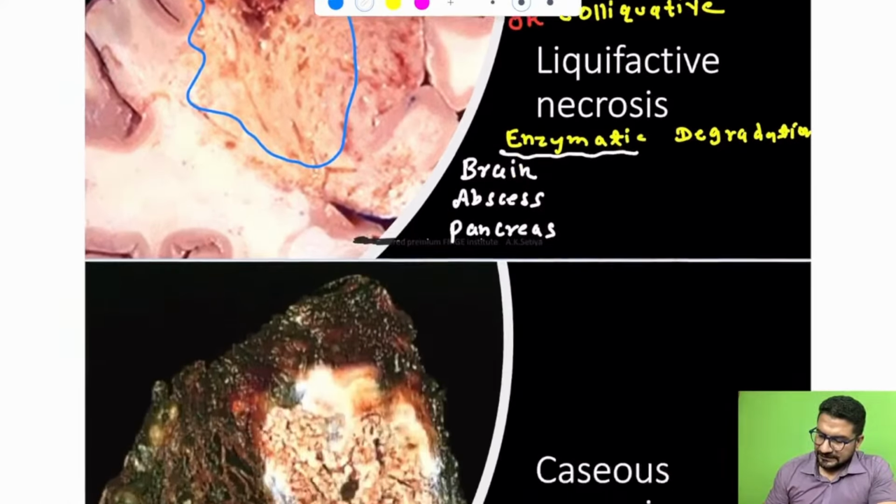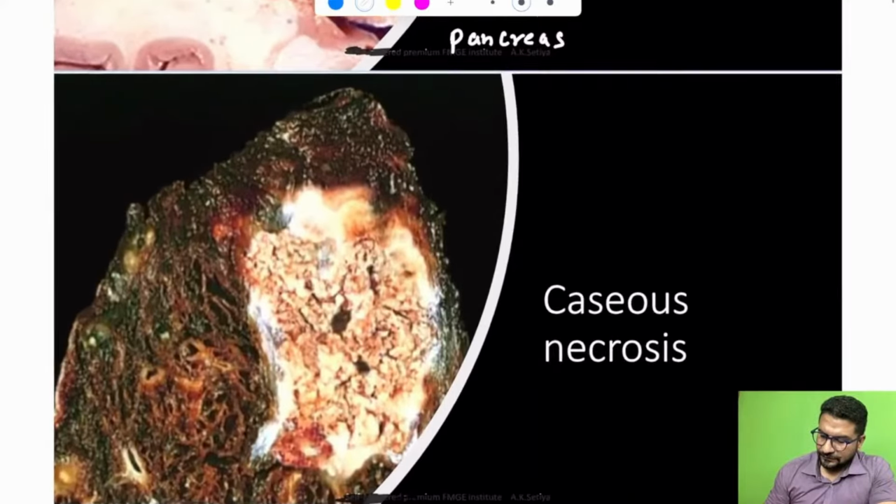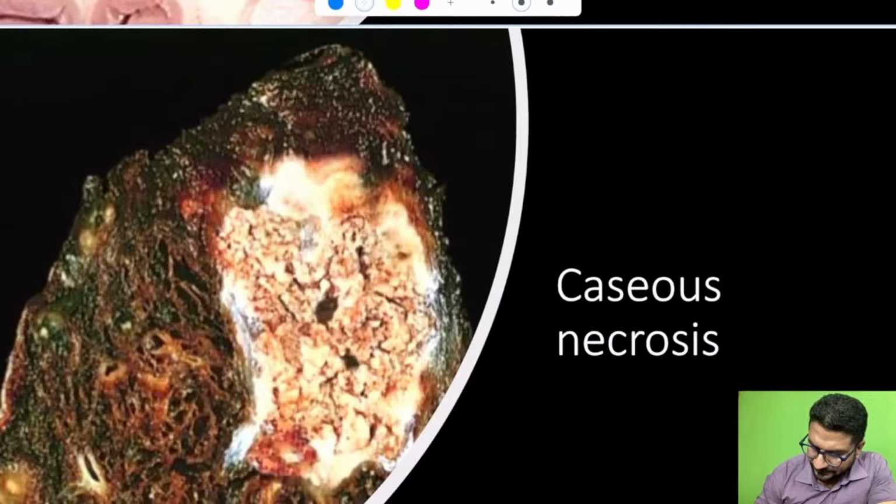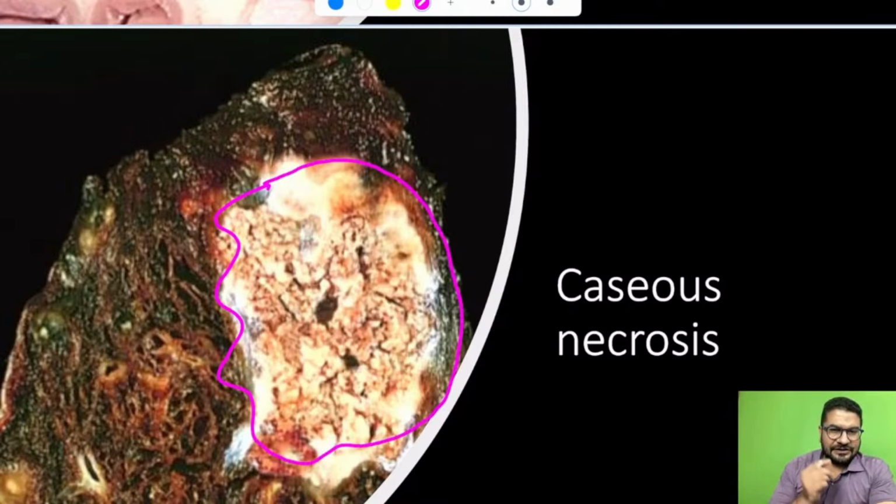Now moving to the third type, which is a combination of two. So here you can notice, अगर आप ध्यान से देखोगे, you can see here this is a cheese like material, जैसा जब पनीर हम दूध से फाड़ते हैं वैसा मटेरियल दिख रहा है. So this is caseous necrosis, or I can say a cheese like material.